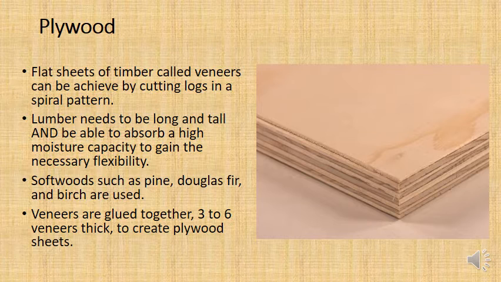Then you squeeze these veneers together with a resin in between them, and they're stuck together. They're usually 3 veneers or maybe 6 veneers thick, depending on what kind of plywood you need. And then they're dried, and then you've got plywood.